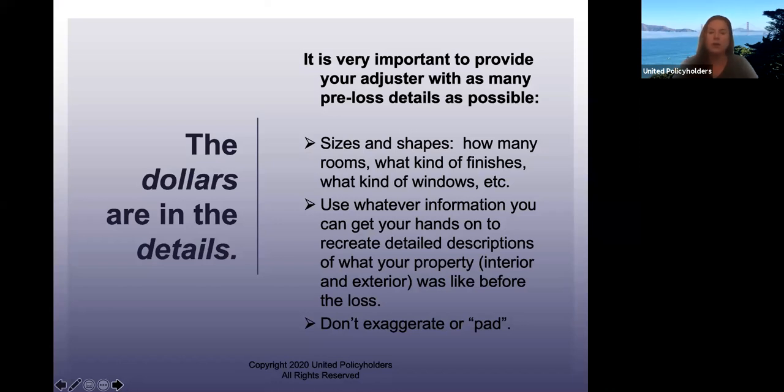This slide might be a little bit out of order, but it's super important to provide the adjuster with as many pre-loss details as possible. You need to know the sizes and shapes of the room, what kind of windows you had, what kind of finishes, and whatever information you can get your hands on to support that, to remind you, to help them is helpful. Make sure that you're accurate. Don't change anything.